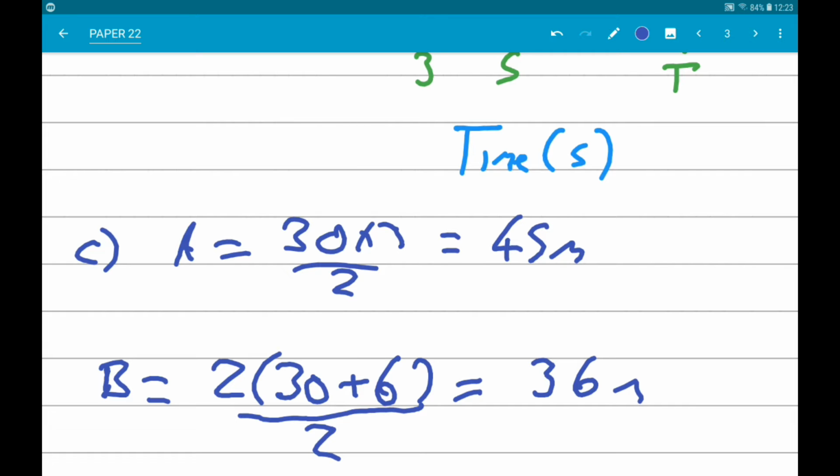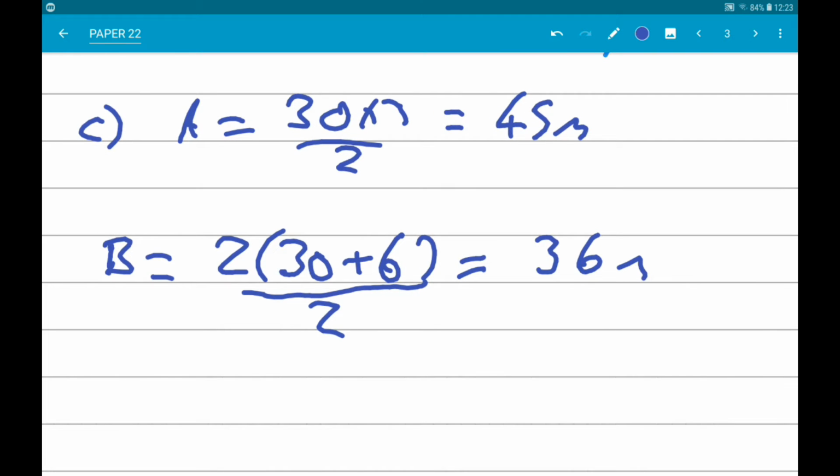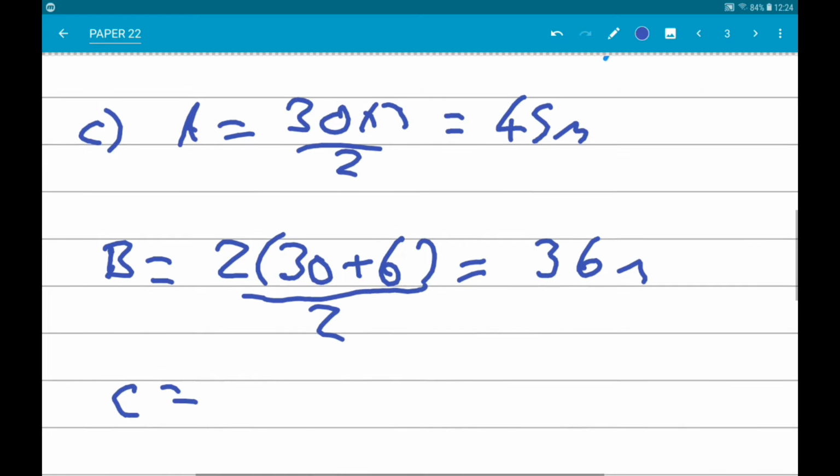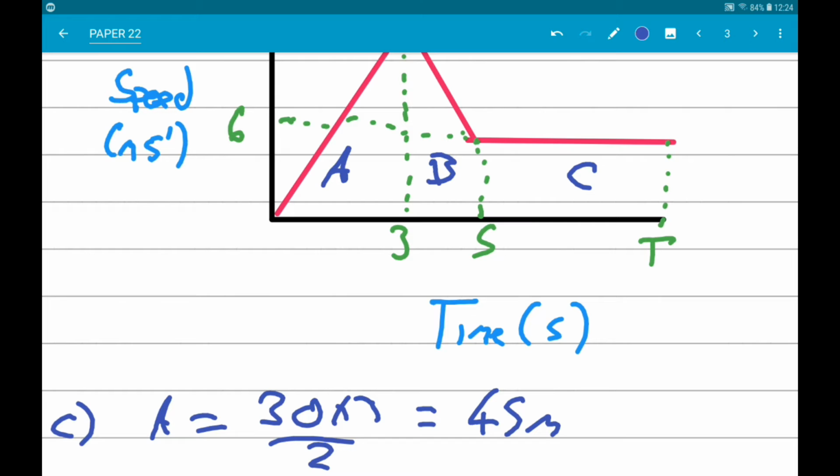Now C is a rectangle. So that's 6t. No, it's not. Sorry. The base of the rectangle is t minus 5.